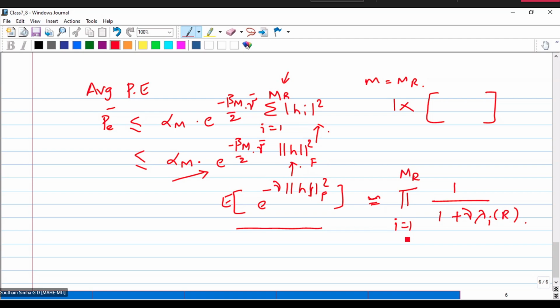That will give you the solution, the product I equal to 1 to mr of 1 by 1 plus nu into lambda I of R.